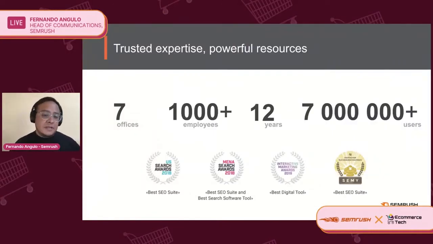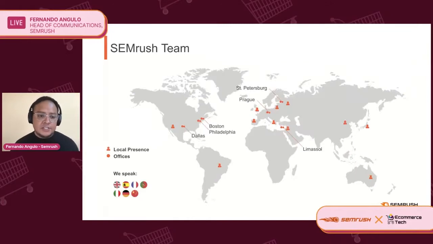But we're going to start by mentioning a little bit about who SEMrush is. We are an online platform meant for online marketers who are working with content marketing, SEO, social media, and of course paid advertisement, competitor research, and competitor intelligence. We are basically everywhere. I'm based in Prague, in the Czech Republic.